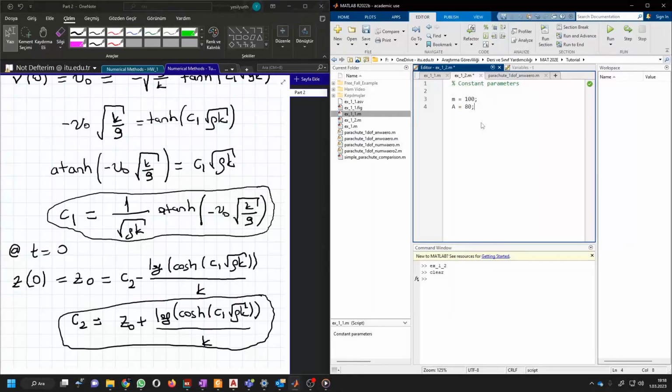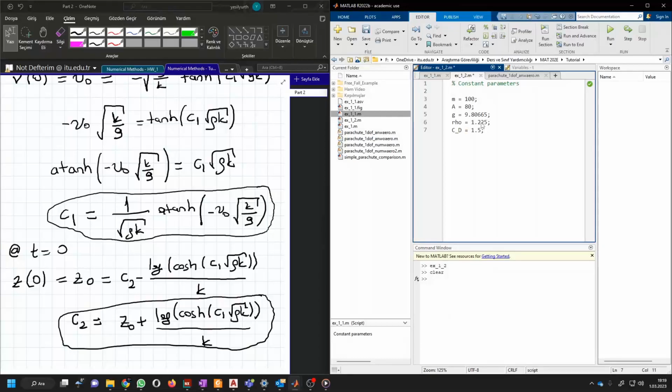It is quite reasonable for a parachute. I have gravitational acceleration, air density, which is constant, and a drag coefficient for the parachutist, 1.5.